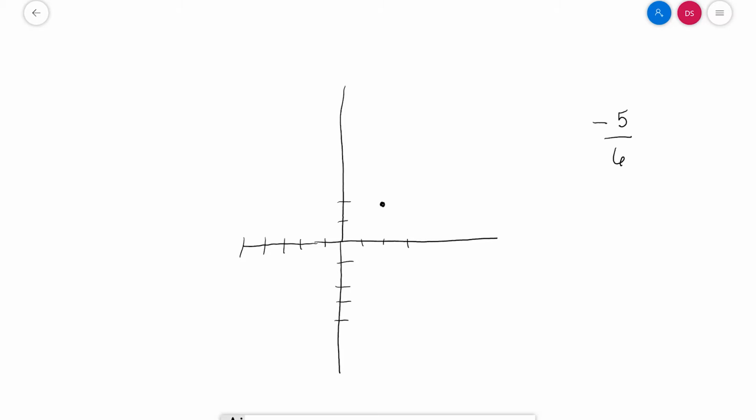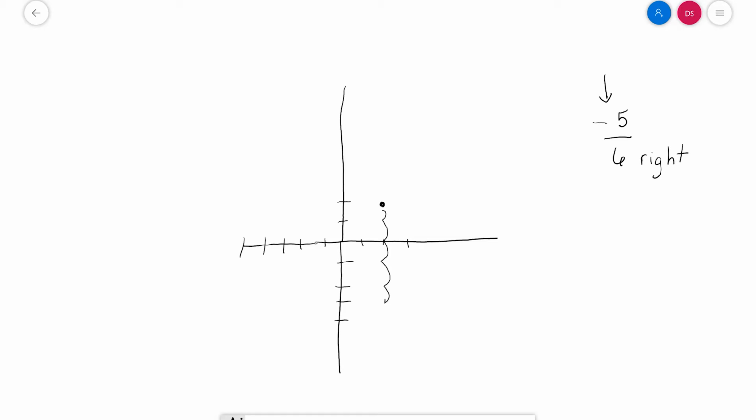mark the second point and draw a line, you would do that by noticing that this, I'm going to use my numerator, my rise, I'm going to go down because it's negative. So from the 2, 2 point, I would go down 1, 2, 3, 4, 5, and then I'm going to go to the right 6 units because it's positive.